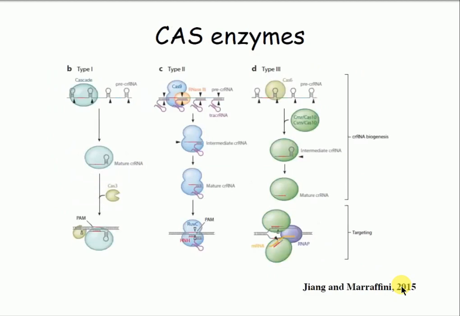There are different Cas enzymes, and more and more of them are being discovered, but generally they fall into three groups. One is the type 2 enzymes. This is the one that's most commonly used. It is just a single protein that has all the features in it. Type 1 has two proteins, and type 3 has three or more that form the active complex.